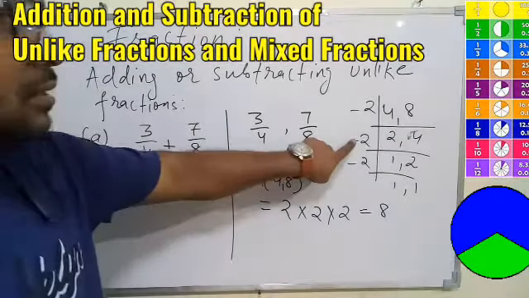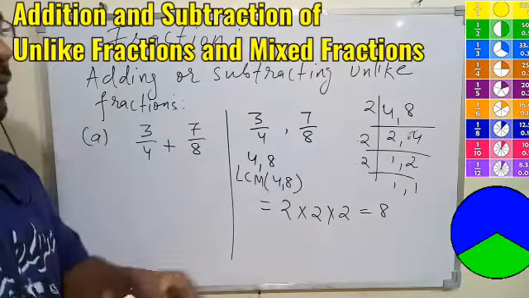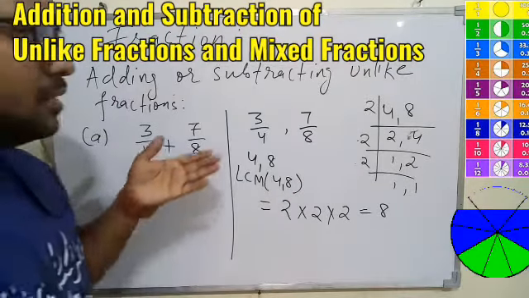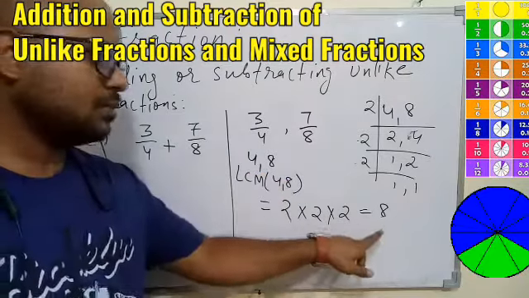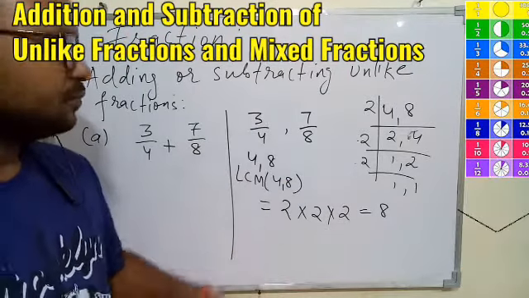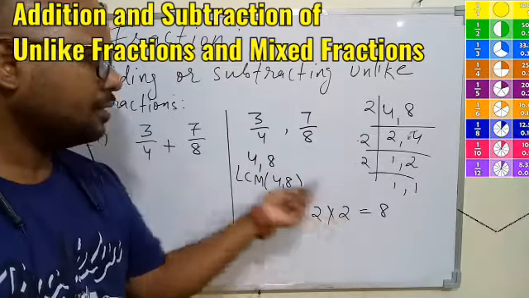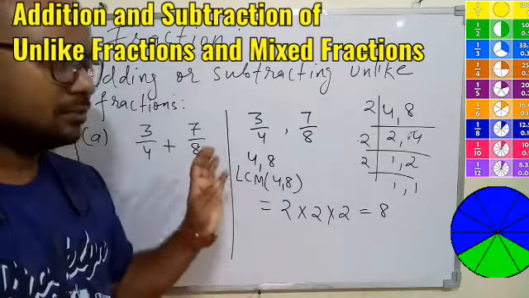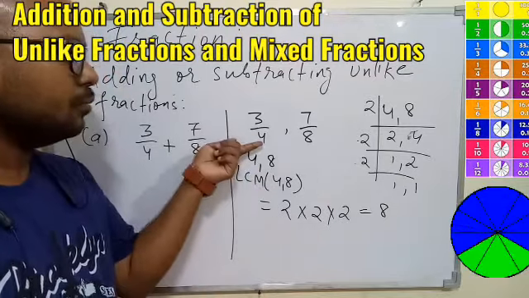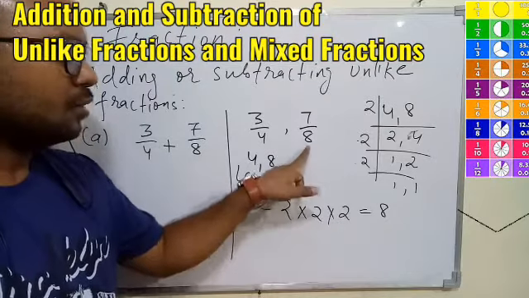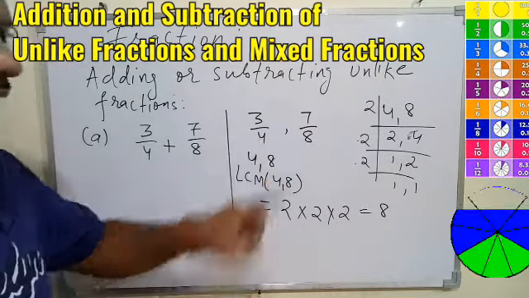I am just repeating the same steps that we understood in one of the classes, where we learned how to convert unlike into like fractions. First we find the LCM. Whatever LCM comes, we have to make that the same denominator for both fractions. Since the LCM is 8, for both fractions the denominator should be 8. Here it is already 8. Here we have to do something so that it can become 8.